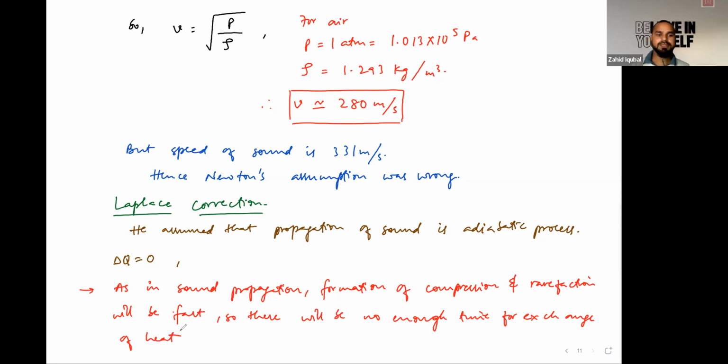That's why it's considered to be adiabatic in nature. Just write it down, then I'll define the relation related to this process.